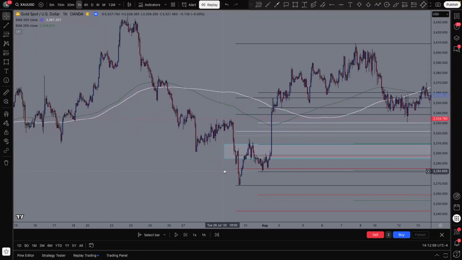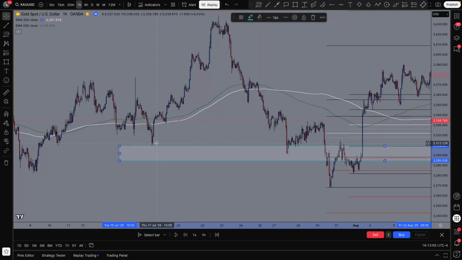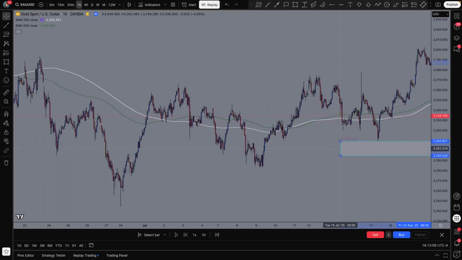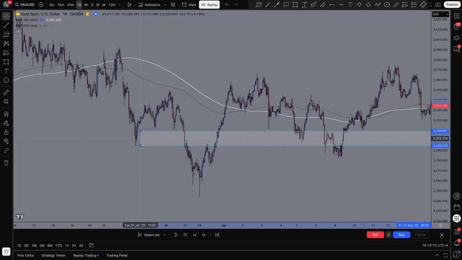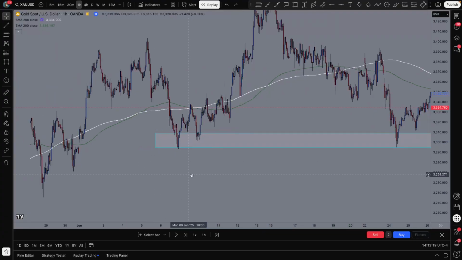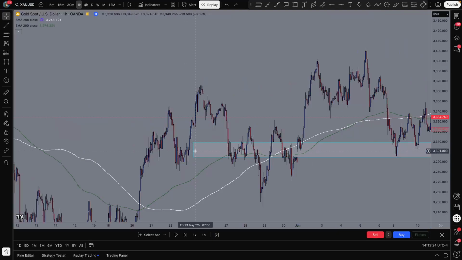And as I said, every time we touched that 3310, we had some major upside or downside reactions. Once again, right there, right there too. Then you can continue for long. So it's a major level.